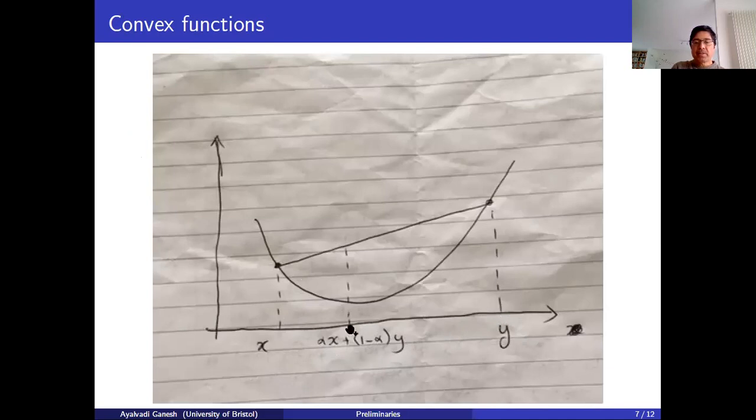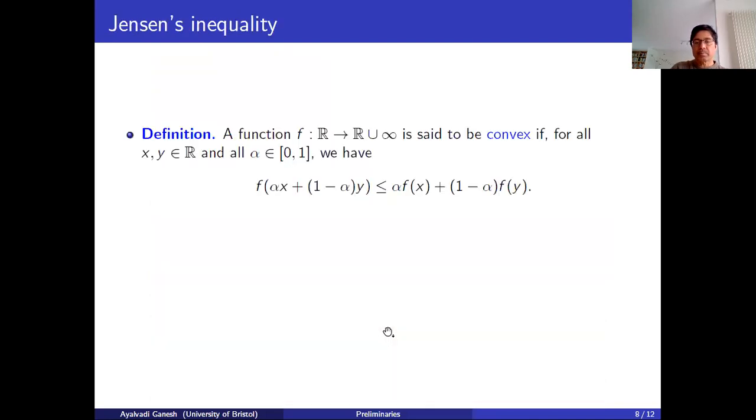And the definition says that f evaluated at this convex combination, which lies here, is smaller than the convex combination of f of x and f of y, which lies here. So this point here is alpha times this point plus 1 minus alpha times that point, and it lies above f evaluated at the same convex combination.